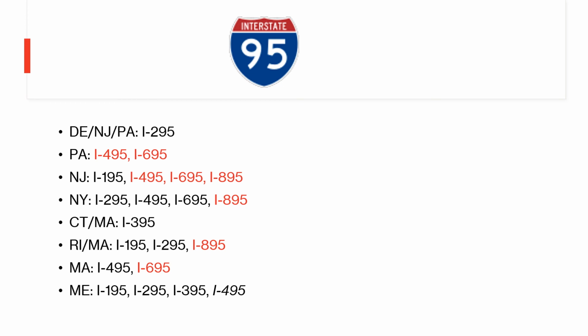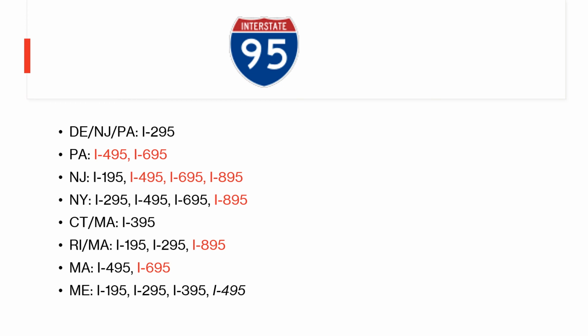Now, Pennsylvania, 495 is now 476, and 695 was canceled. New Jersey, 495 is actually now New Jersey Route 495 because it does not connect to the I-495 in New York.